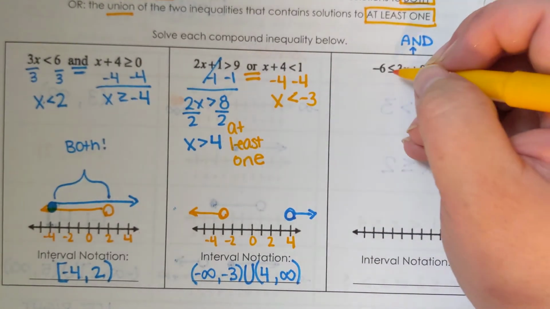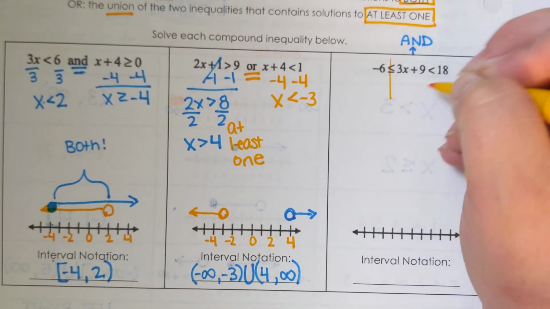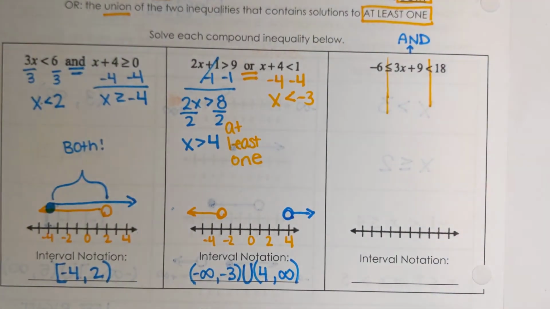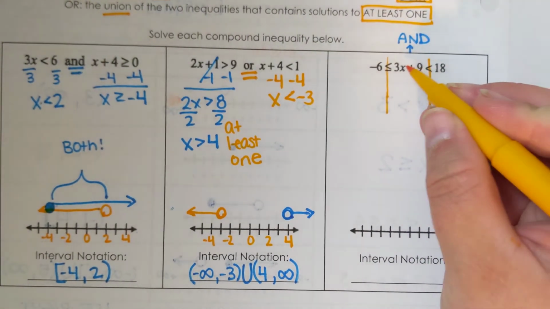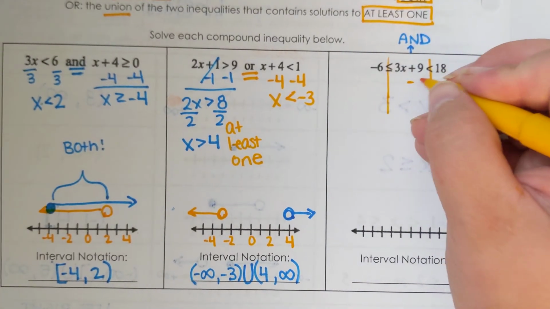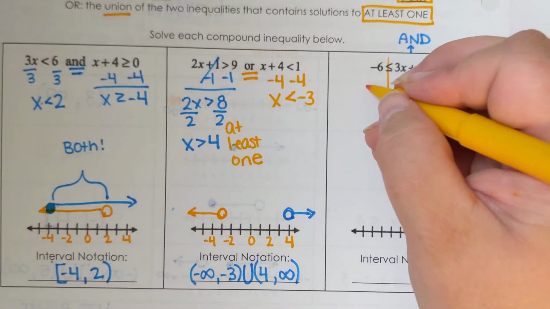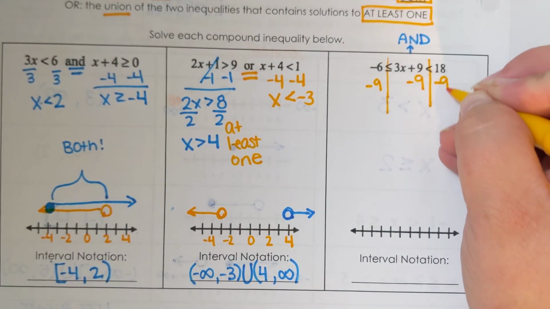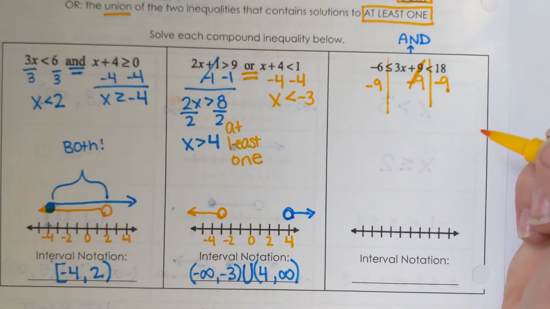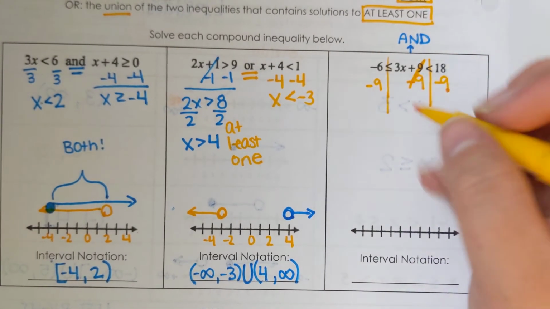And what we're going to do is treat this like a triple equation. So whatever you do to one side, you have to do to all 3 sides. For instance, the 3x, it has an extra plus 9. We want to get rid of that, so we're going to subtract 9 on all 3 parts. So treat it kind of like a double equation. There's 2 equations going on at the same time.